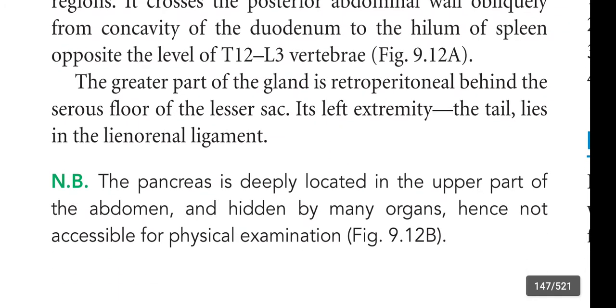Coming to the note, the pancreas is deeply located in the upper part of the abdomen and hidden by many organs, hence not accessible for physical examination.